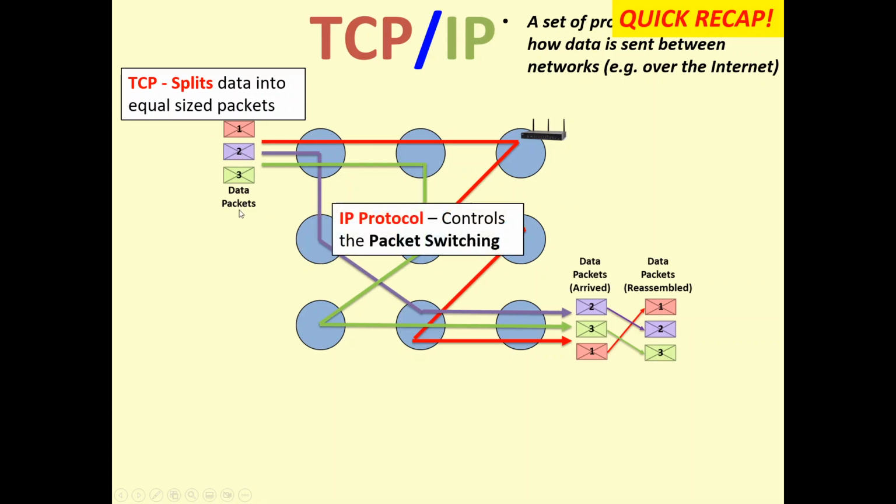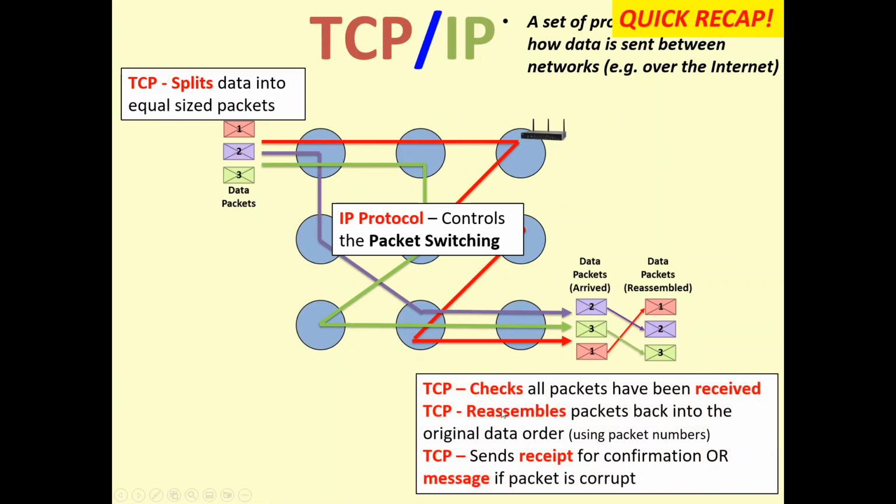The IP protocol does the packet switching, directs the packets in the middle, and then the TCP checks the packets, reassembles them, and sends a receipt to confirm that they have arrived. So TCP splits, IP directs packet switching, and TCP checks and reassembles again. Those are all the protocols we have looked at so far.